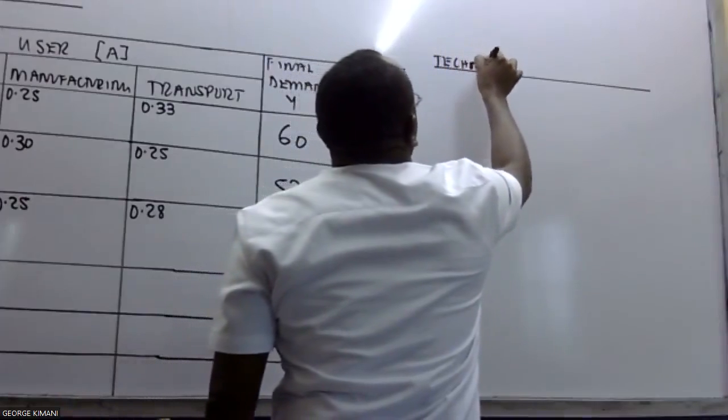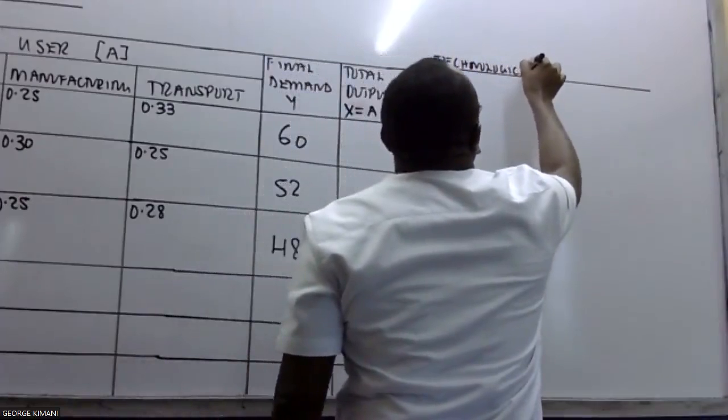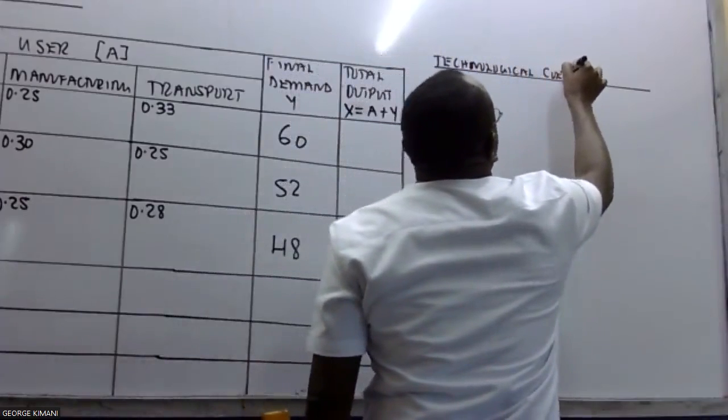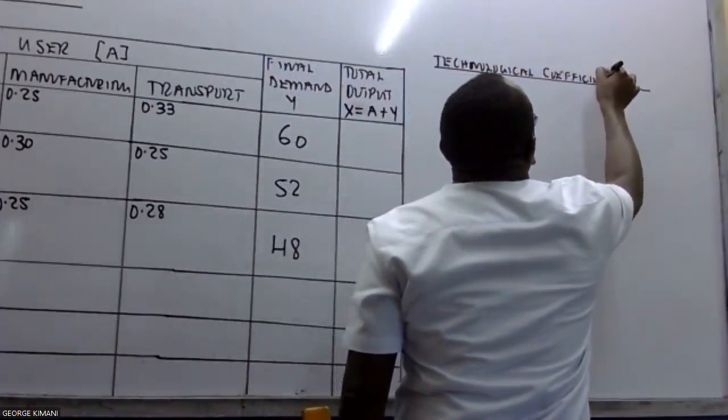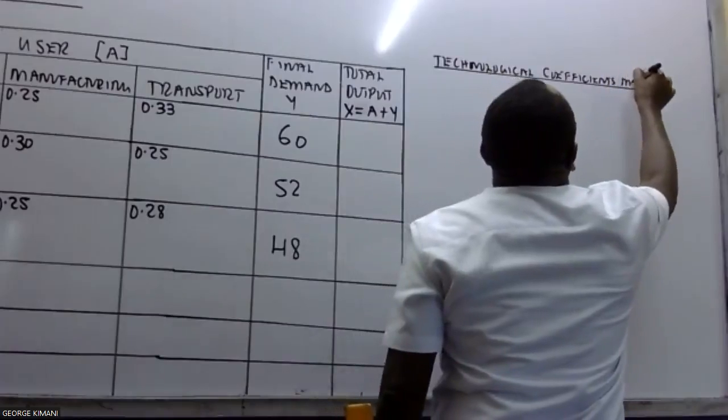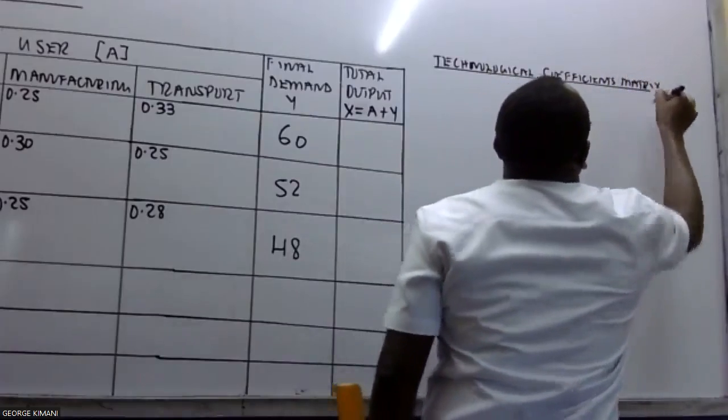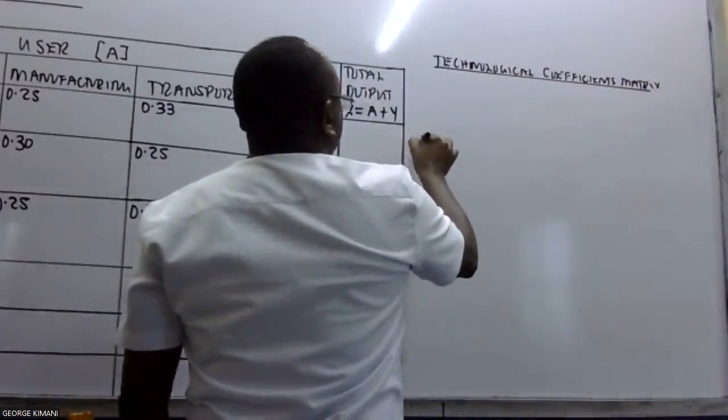Technological coefficients matrix. So that one is drawn like this.